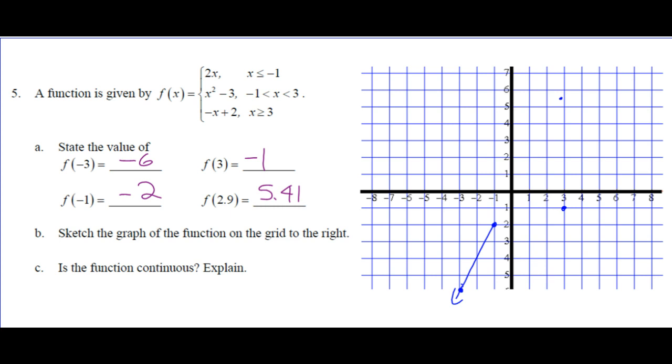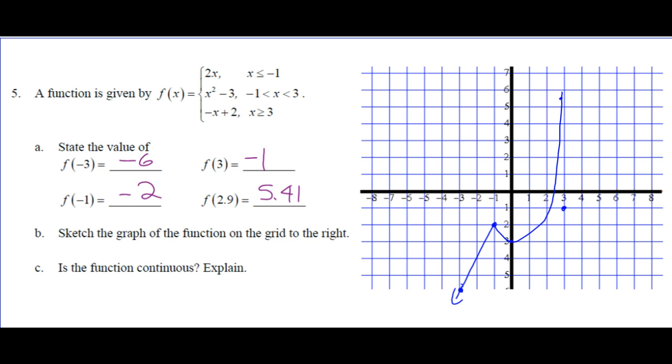Now, between -1 and 3, we've got x squared minus 3, right? So what shape is that? It's going to be a parabola, right? X squared minus 3. So 0 squared minus 3 would just be minus 3. So we're going to come down here, come up, and get to where?